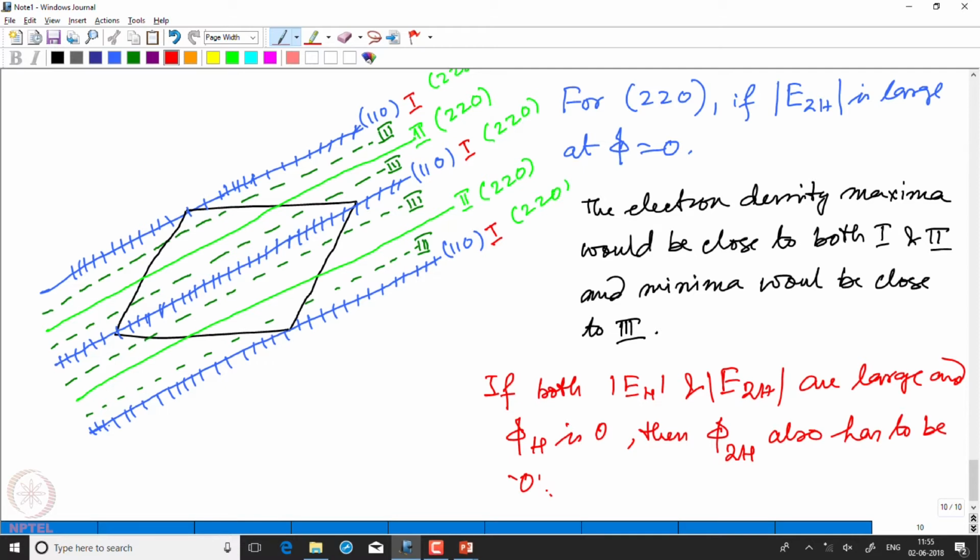Which means that for this particular crystal, where both EH and E2H are large, we should see a large electron density associated with the lines which are marked here as 1, where these are coincident.